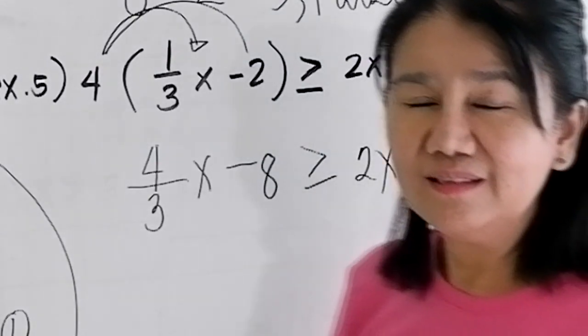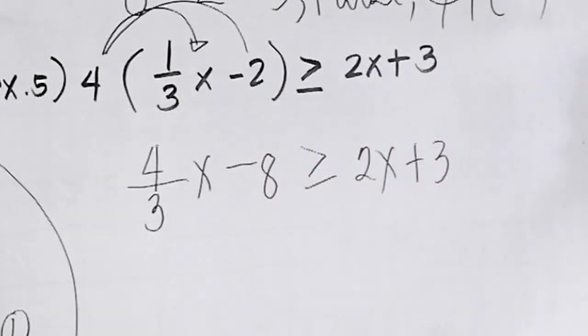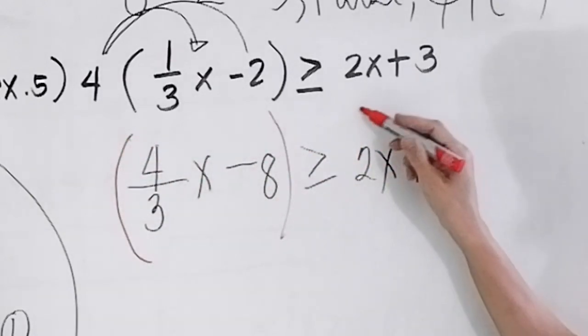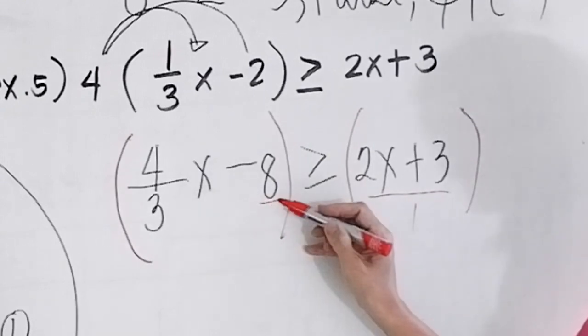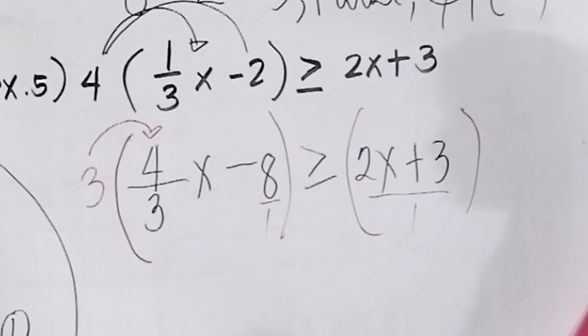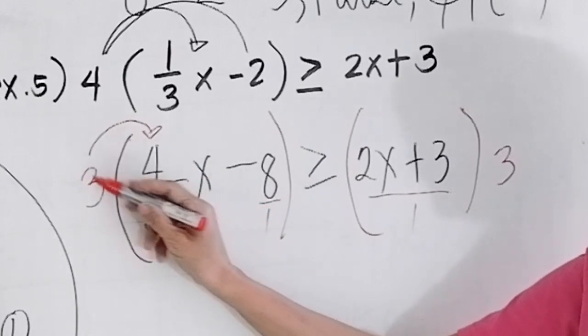And then, remove the denominator. How do you do it? By multiplying the LCD. But everything here has denominator 1. And this is denominator 1, so you just have to remove 3 and multiply 3 to all sides, to both sides. 3 times 4/3, 3 cancels.